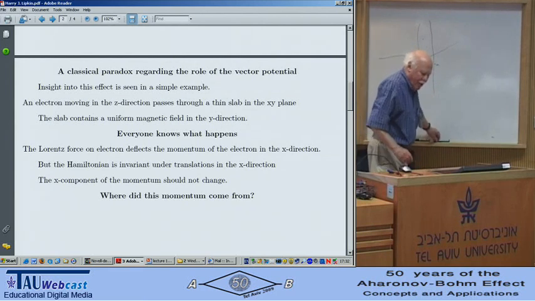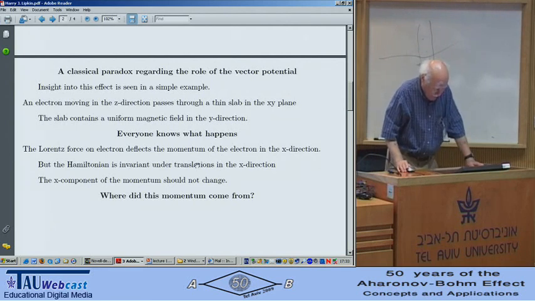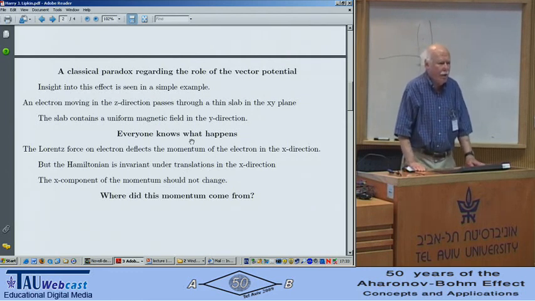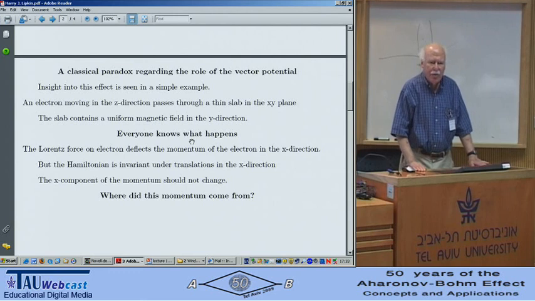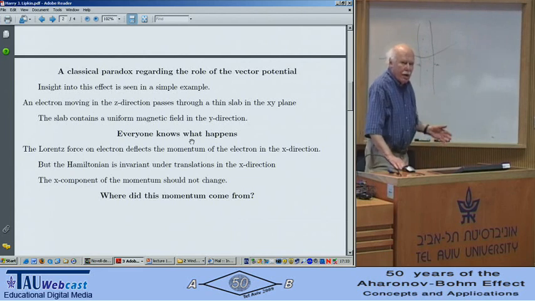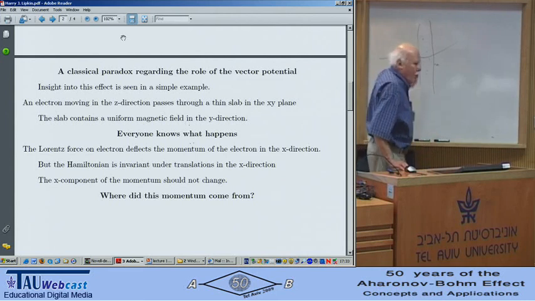This is something that any student can calculate and get the right answer. But when you start thinking about it, you immediately think of it with some kind of theoretical picture. And there you see right away that the Hamiltonian, the interaction, everything is invariant under translations in the y direction.